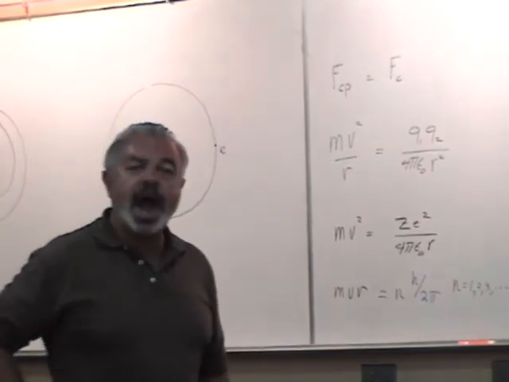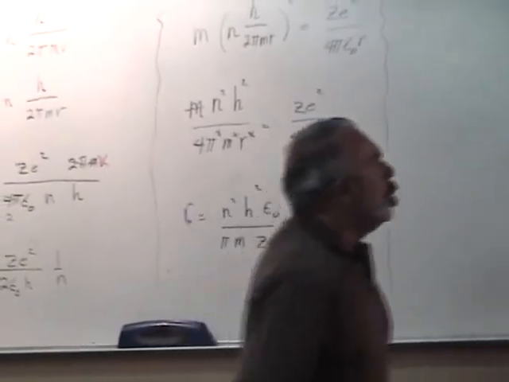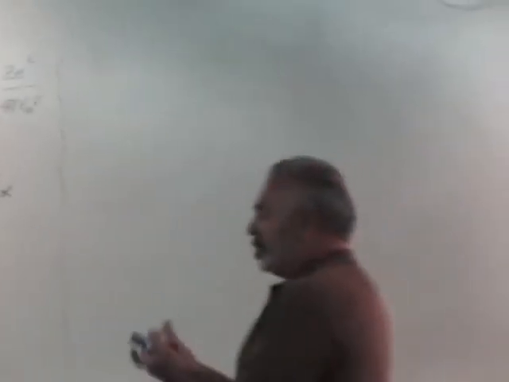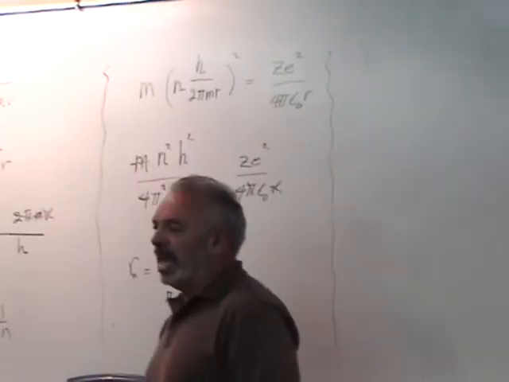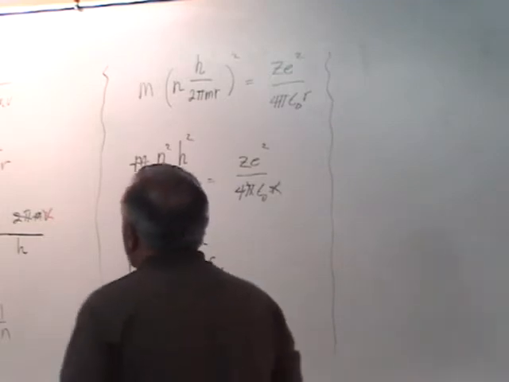And I think casting this information in terms of energy would be the wise thing to do. So what we're going to do now is write this in terms of energy. You can't measure the radius of an atom, you can't measure the velocity of an electron, but maybe you can measure the energy of the thing.